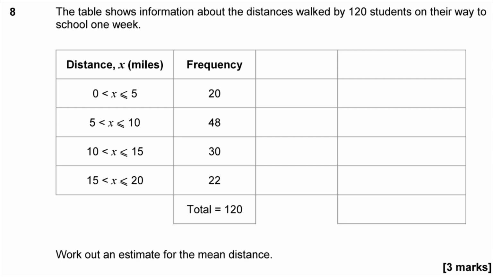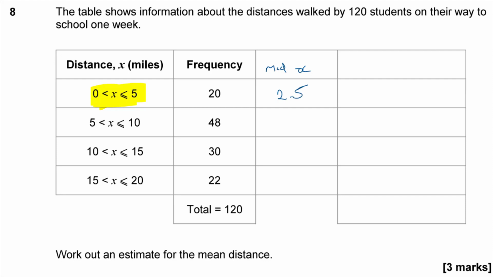Now we're asked to work out an estimate of the mean for this data. Now the problem is that this data has been grouped, so we don't have the precise values, but we're estimating. So we're going to use mid-x as an estimate for each of these. So you find mid-x by adding your 2 end values together and dividing by 2. So 0 plus 5 is 5, divided by 2 is 2.5.